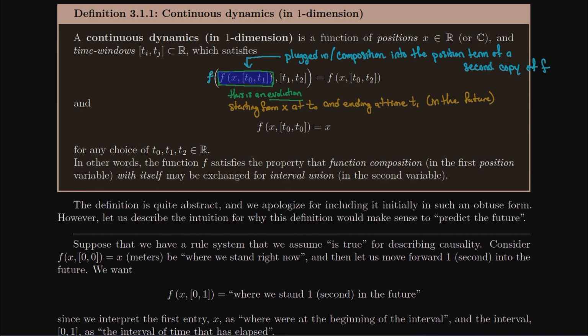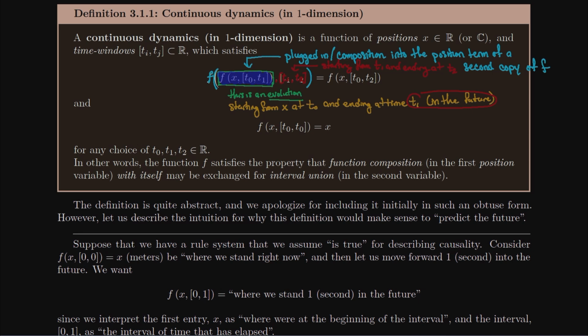Right, because there's a second copy of f on the outside here, and I've plugged that first copy of f into just the position term of that second copy. And then what I'm doing with this outside copy of f is, well, I'm going to evolve it again. I'm going to start at t1, which is sometime in the future, right? It's where my first function ended. I'm starting at t1, and I'm going to evolve again up to t2. So now I've evolved, starting from t1 and ending at t2, a different time in the future.